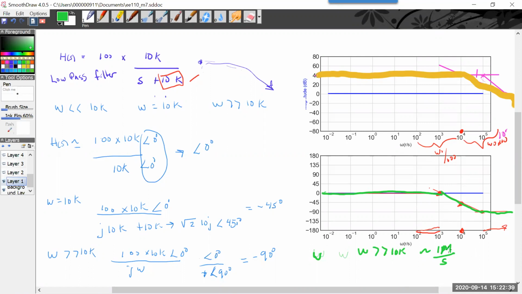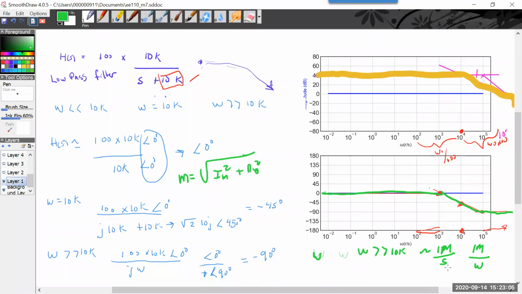So the magnitude of the numerator doesn't change. That's just going to be 1 meg. And then this becomes omega, because the magnitude equals the imaginary squared plus the real squared.